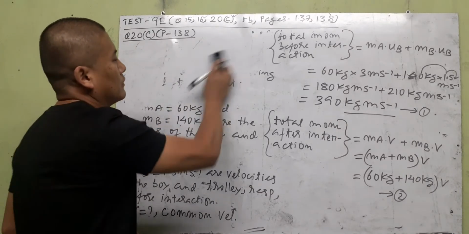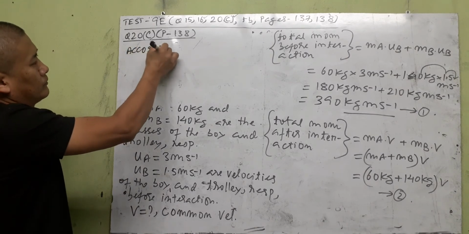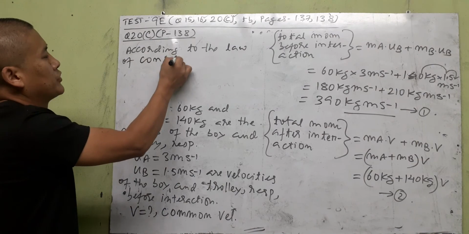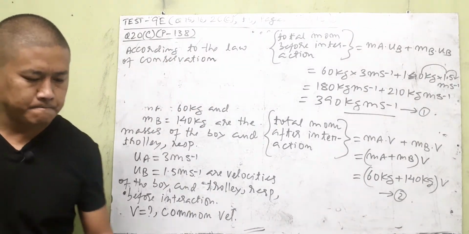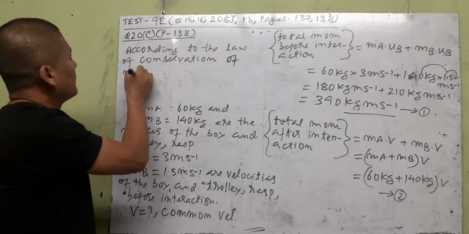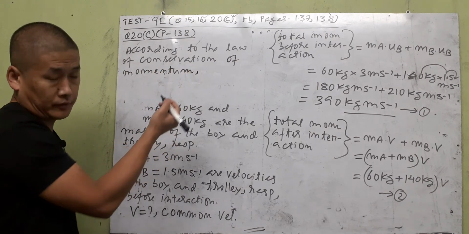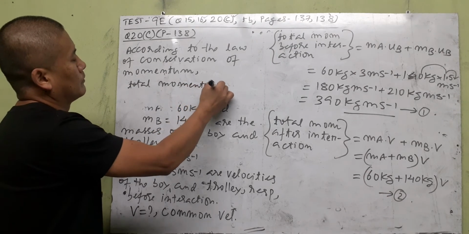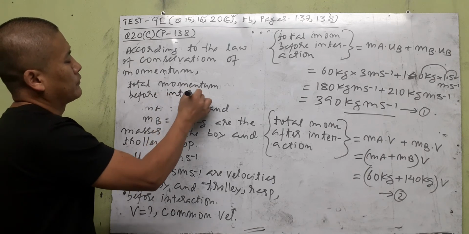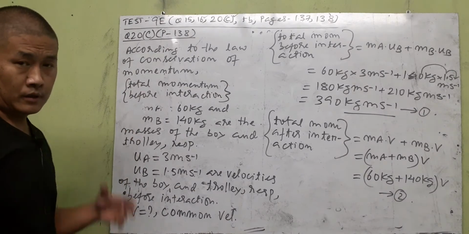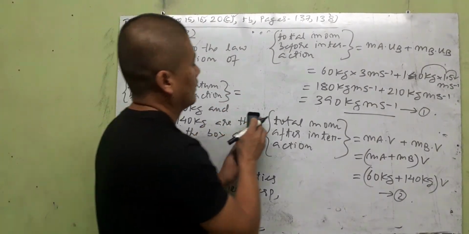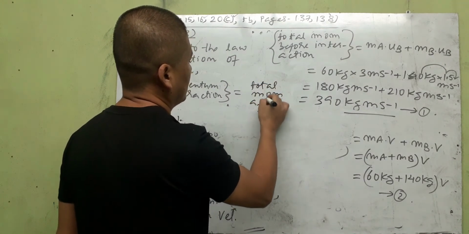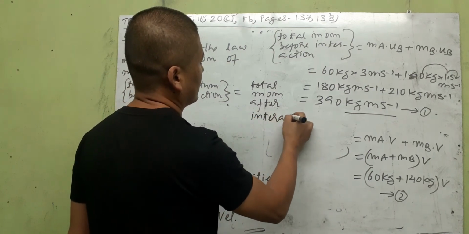So we're about to complete, so be patient. Now according to the law of conservation of momentum, which we have learned and even proved numerically, the total momentum before interaction or collision, whichever word is more appropriate for the question we're dealing with, will be equal to the total momentum after interaction or collision.